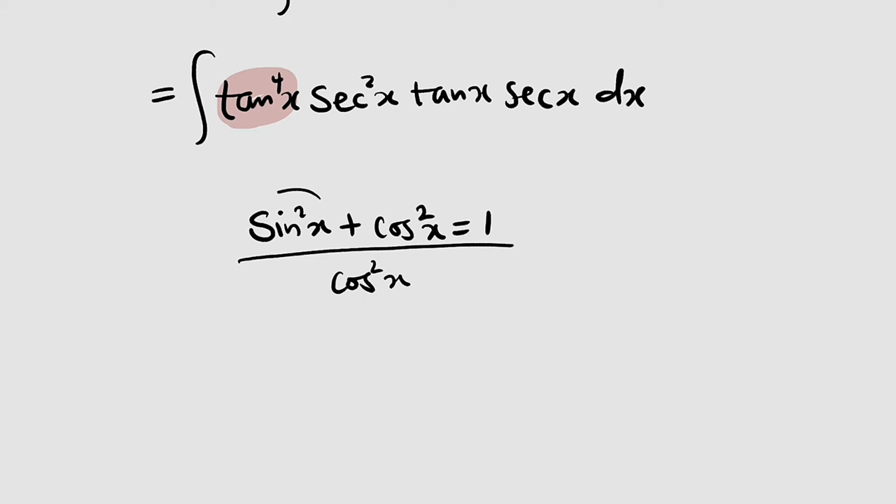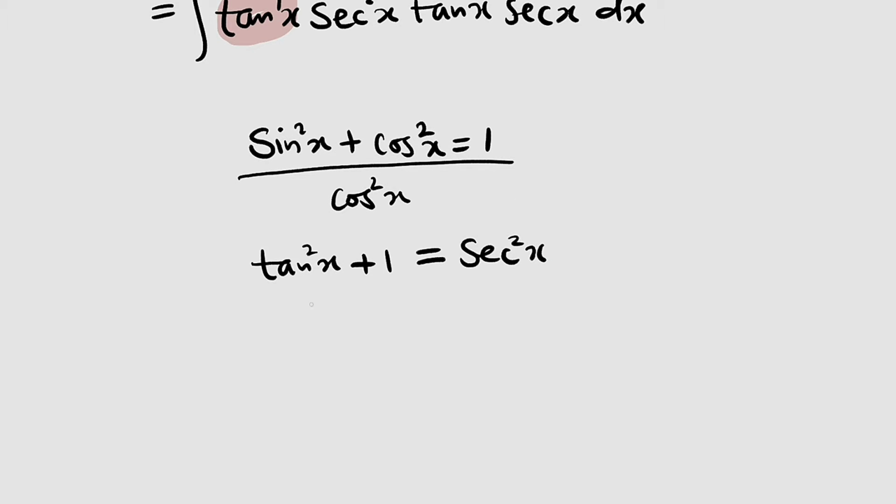The first term is sine squared x divided by cosine squared x, which is the same thing as tan squared x. Cosine squared x divided by cosine squared x is 1, so we have plus 1. And this is equal to 1 divided by cosine squared x, which is the same thing as secant squared x.